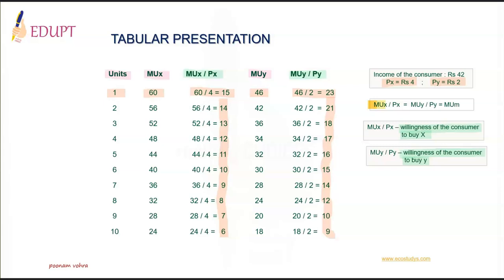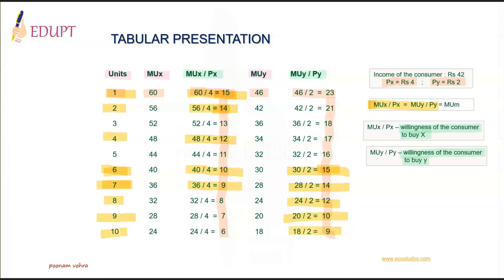That is, the ratio of marginal utility to price of X should be equal to the ratio of marginal utility to price of Y. And such combinations are 1x and 6y, 2x and 7y, 4x and 8y, 6x and 9y, and finally 7x and 10y.